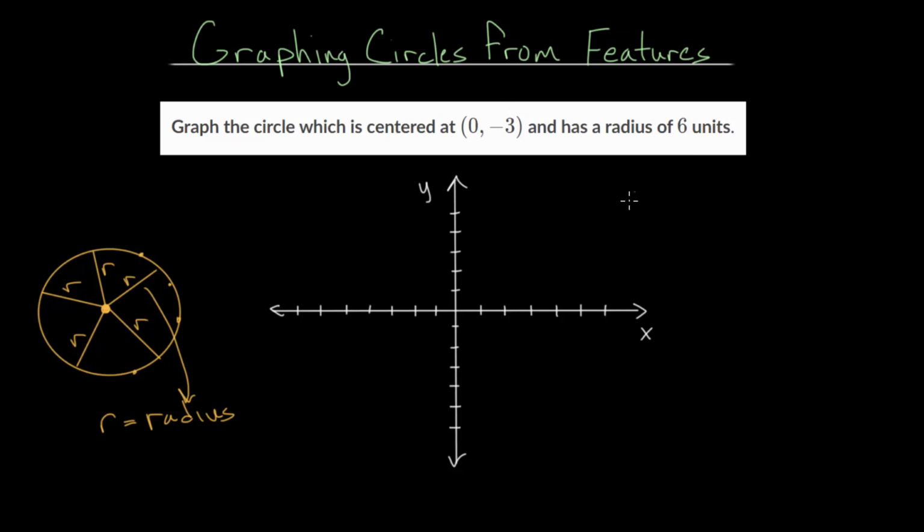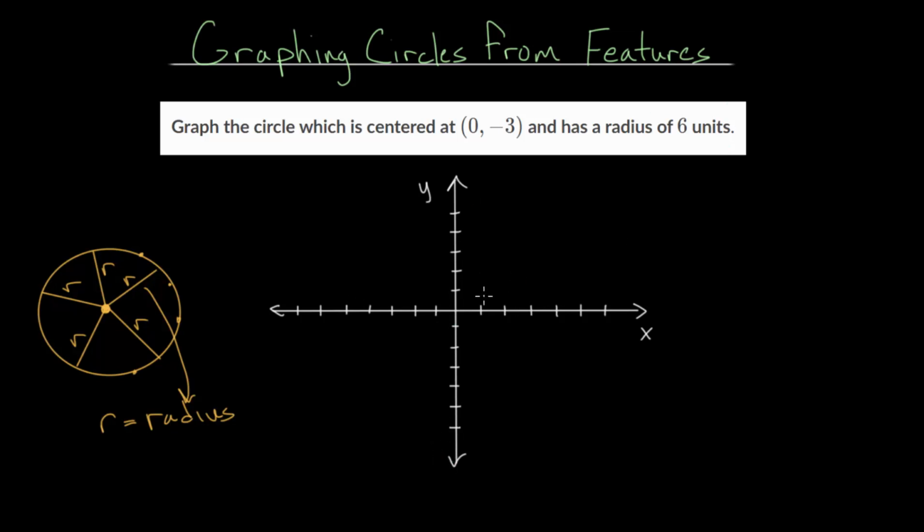And with these two pieces of information, we can draw a picture of the graph. Now, to start these example problems, we can plot the center point. This circle looks to have a center of (0, -3). So we can find 0 and go to -3.